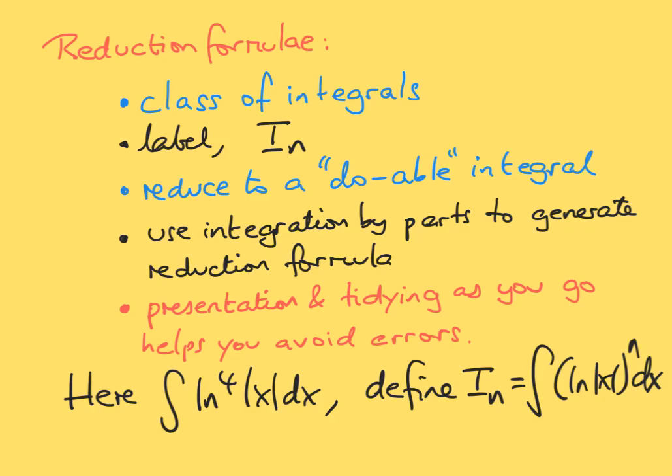We call the integrals I, but because they're going to have a label, we can call individual ones I sub n. So for example, in the integral that we're looking at, we might very well call it I sub 4. And then we use the reduction formula to reduce to another integral, and then we use it repeatedly to reduce to an integral that we can do somehow or other.